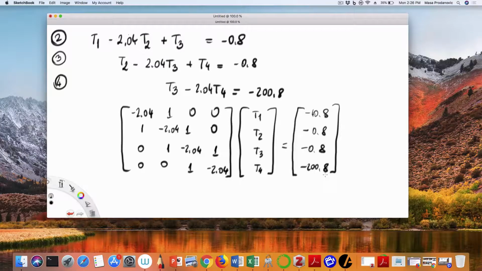Okay. If I had more points, this system would look the same, it would just be larger. Okay? And what would change is that delta x, so the numbers would be ever so slightly different. I wouldn't have 0.04, it would scale with delta x. So it just gets larger, but I can basically write it down in a consistent fashion.